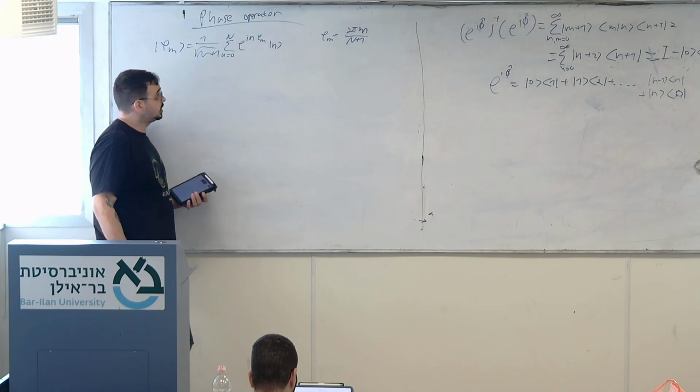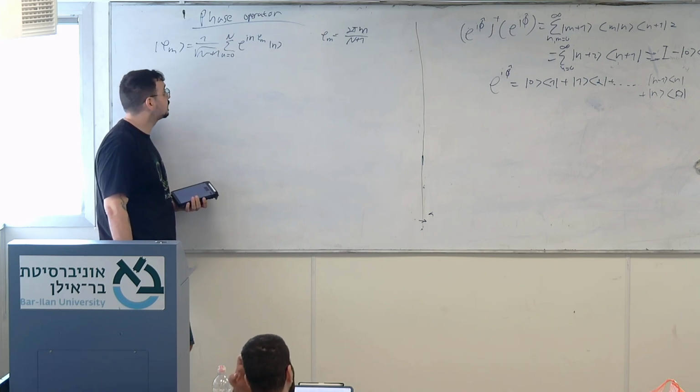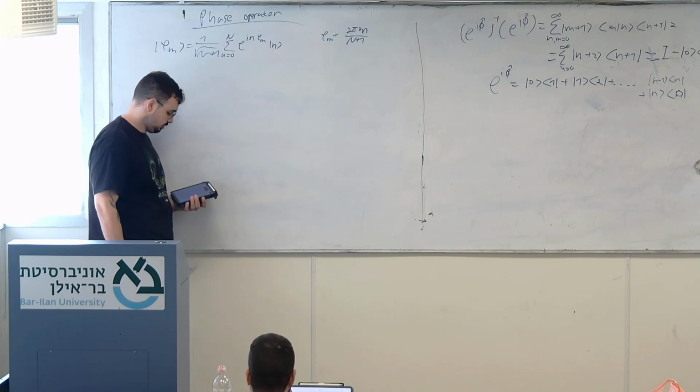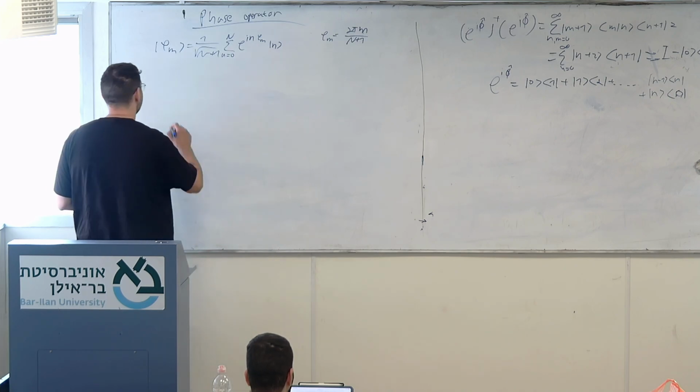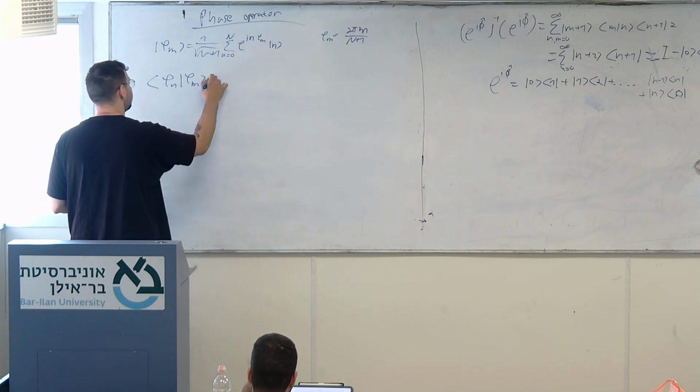So now you want to see that it's a legal state that we wrote. First thing that we're going to check is that it's orthonormal itself. So you want to see what's the result of <phi_n|phi_m>, right?